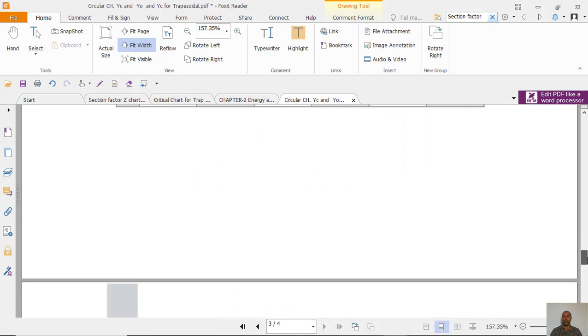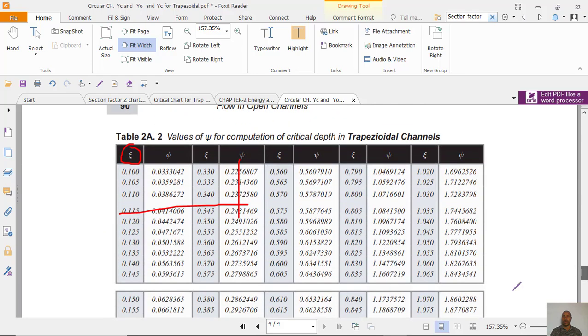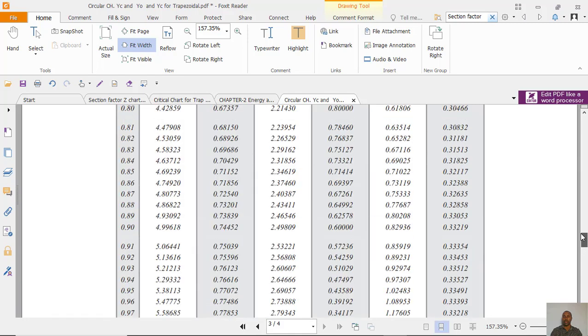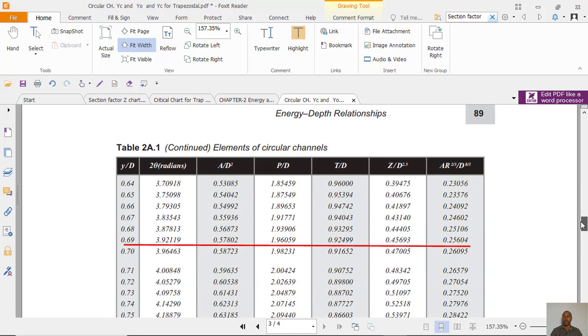Then from the table you can compute other parameters.